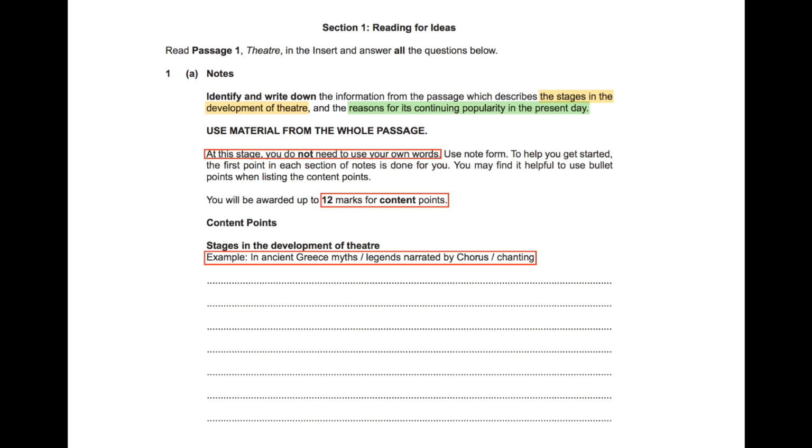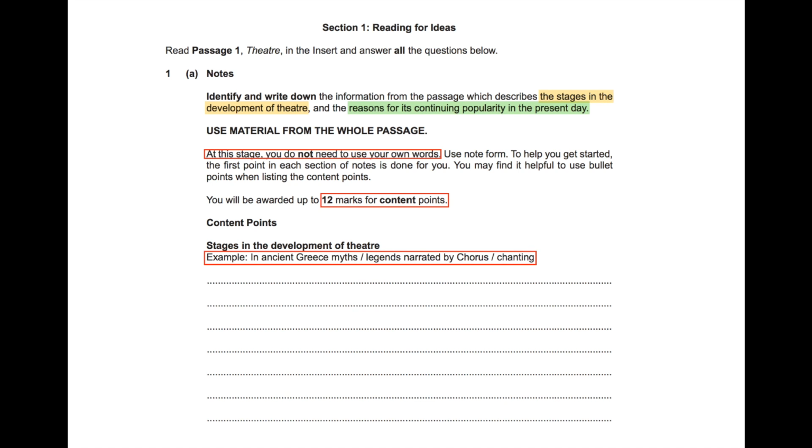Now, I have highlighted 2 sections of the text that you are going to receive. If you want to look at the whole text, and I advise that you should, go to the link in the box underneath this video and download it from the Cambridge website, and it will become a little bit more clear to you. But basically, the text will be divided into 2 parts. The first part deals with the stages in the development of theatre, and I've highlighted that in a rather fetching yellow colour.